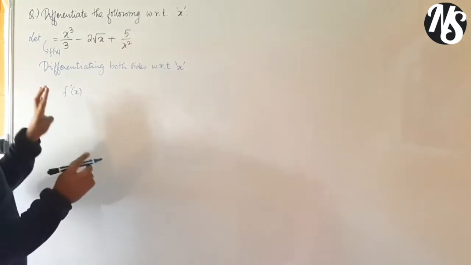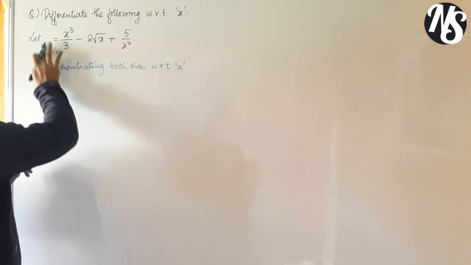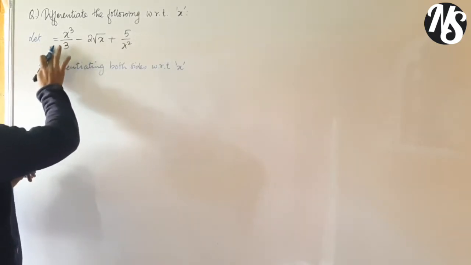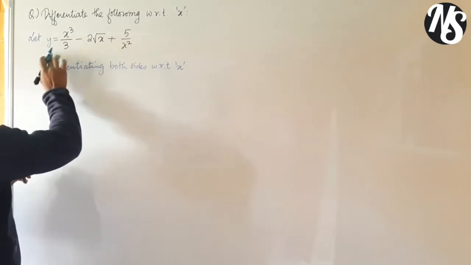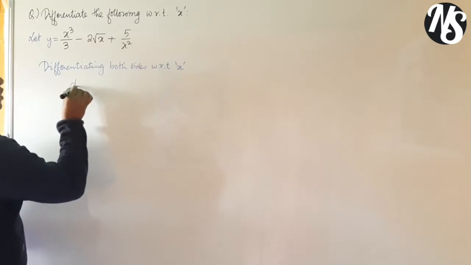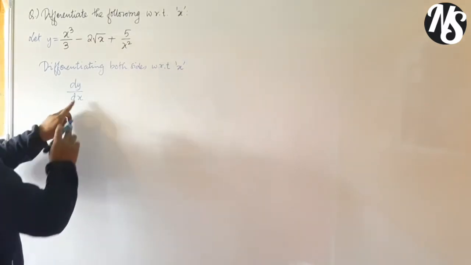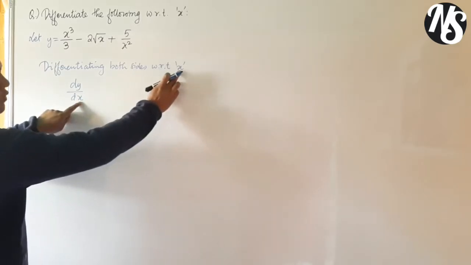Yes, so that also can be done. Or if you don't want to write f(x), then you write y here. If you write y here, then the differentiation of y will be, remember, dy by dx. Now why x? Because you are differentiating with respect to x.